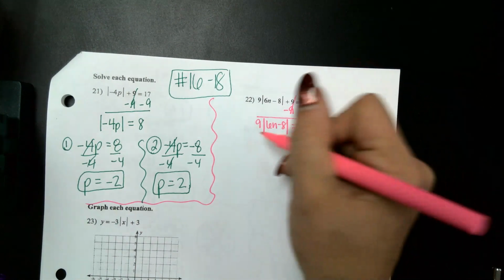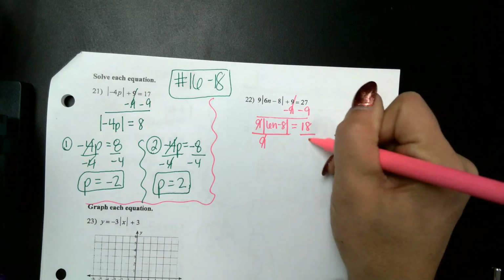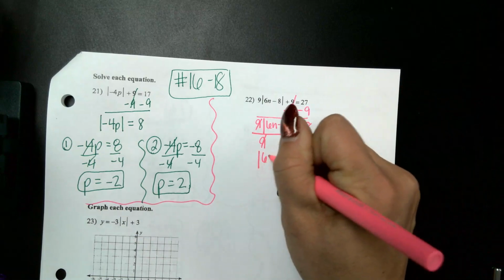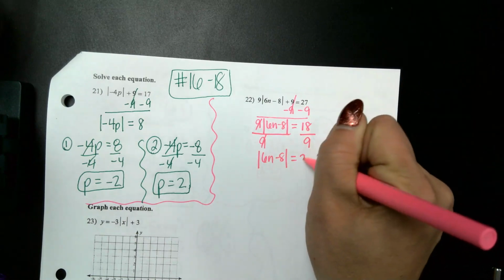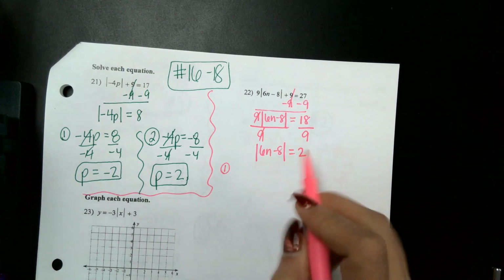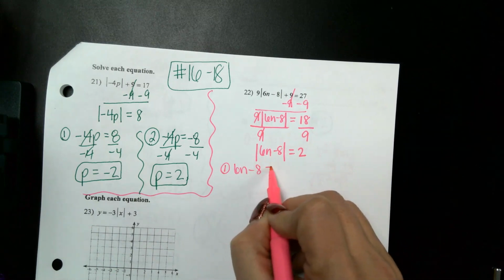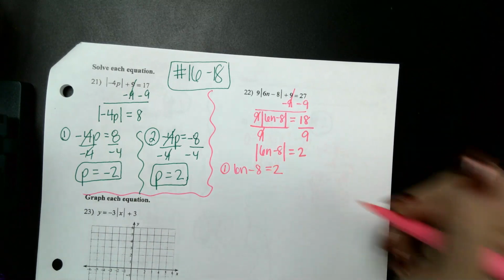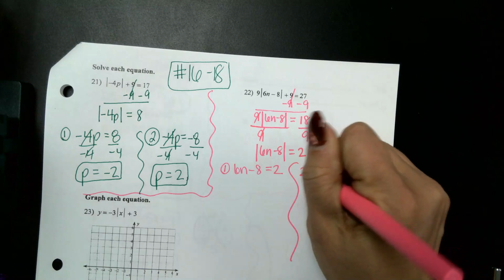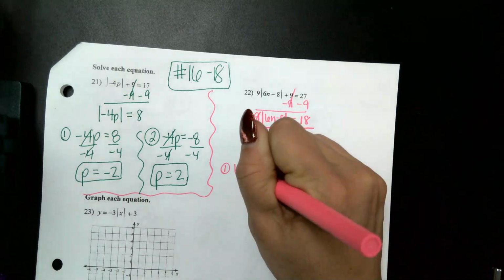Not minus. That means multiplication since they're side by side, so we're going to divide by that 9. Now that the bars are isolated, now you can separate. First one looks just like it. 6n minus 8 equals 2. And then the second one, 6n minus 8 is the same, but we change it to negative 2.